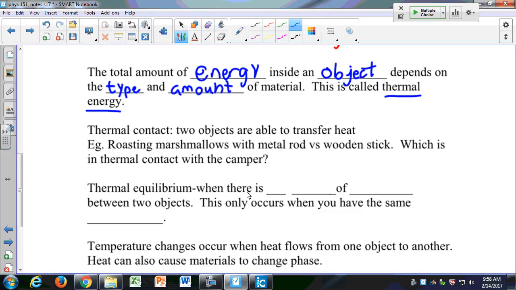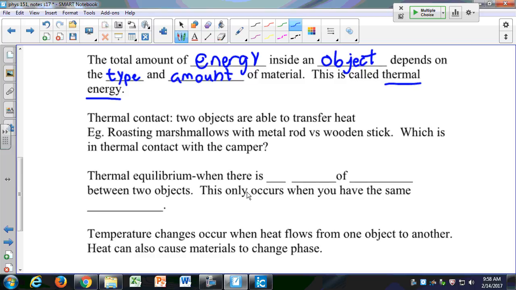Thermal contact is referring to when two objects are able to transfer heat. Your book talked about this. So I can have thermal contact with the board if I touch it, or I can also have thermal contact with the board if I take a conductor and put it up next to the board. You ever cook marshmallows over the fire? Yeah, we do too. And we used to have these little short roasting sticks that were made out of metal, and you hold them in the fire, but if you hold them in there for more than a few minutes, the heat travels up the thing, and then you have to put it down because it gets too hot.